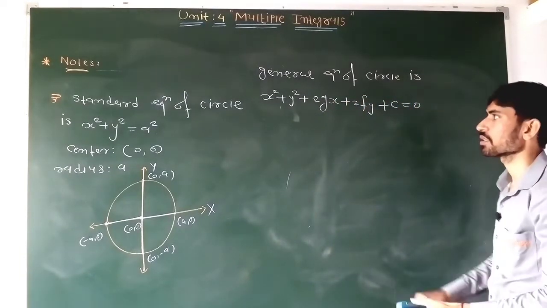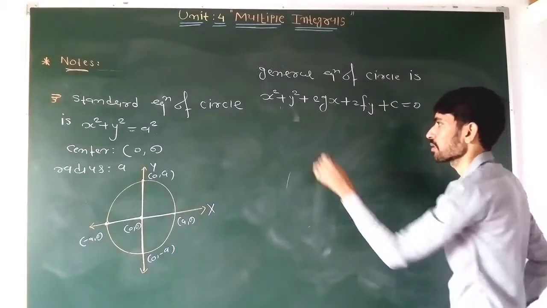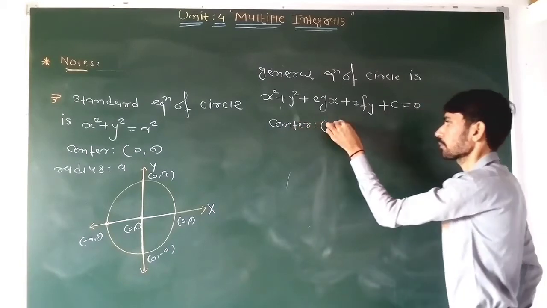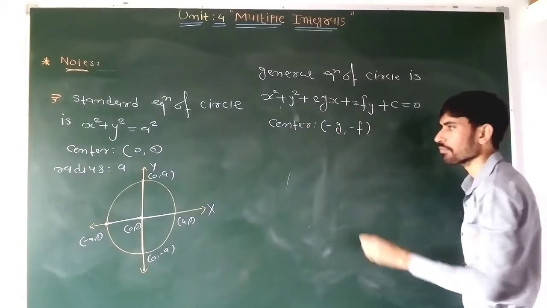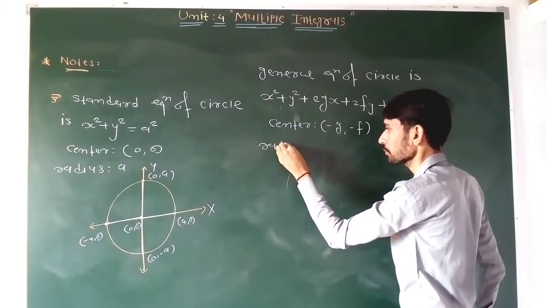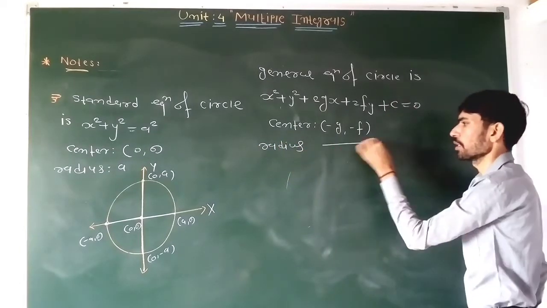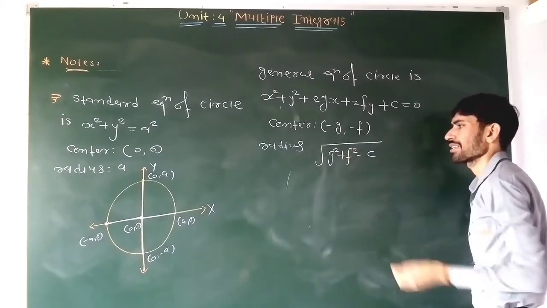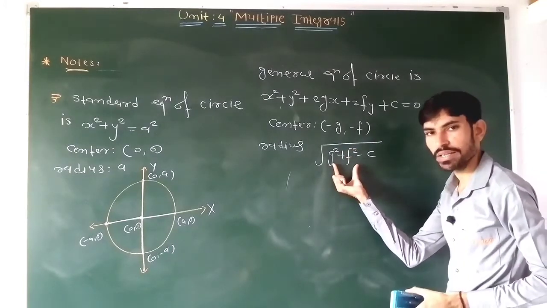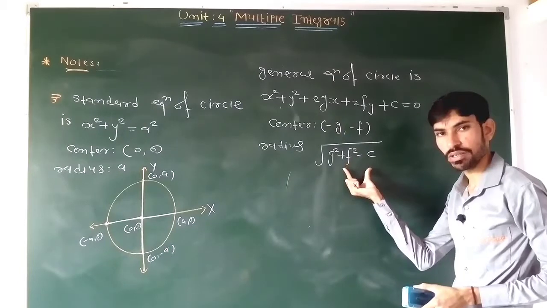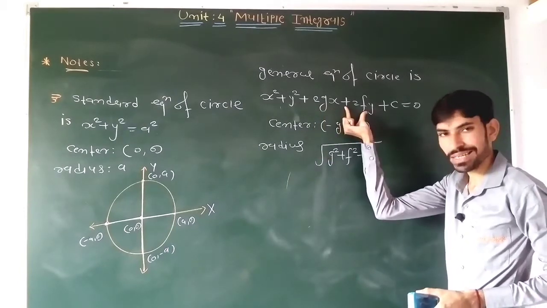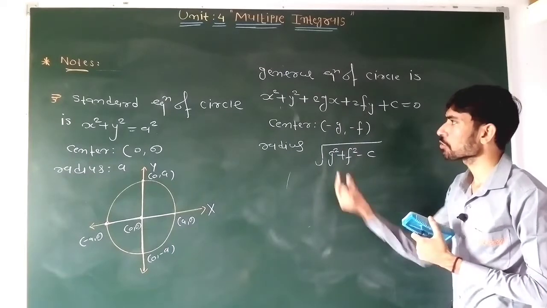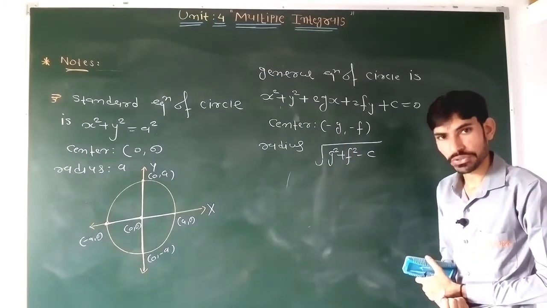The center is (-g, -f) and the radius is under root g square plus f square minus c. This is the formula to find the radius of the circle from the general equation. Also keep this general form of the circle in mind.